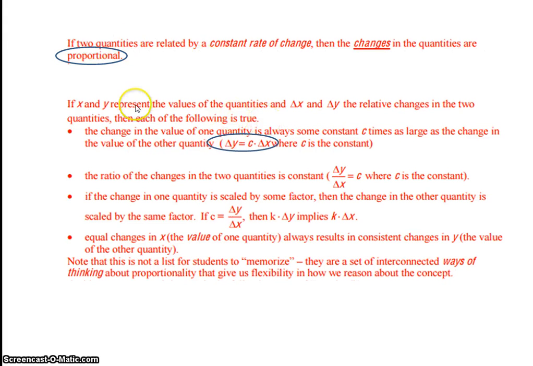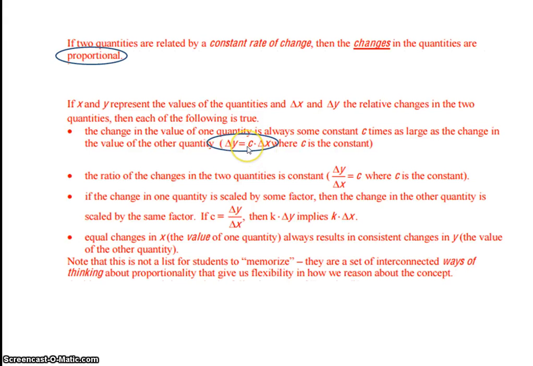Now remember, this is our old idea. Two quantities related by a constant rate of change, then the changes of the quantities are proportional. And that means that the change in one variable is always some constant times the change in the other variable.